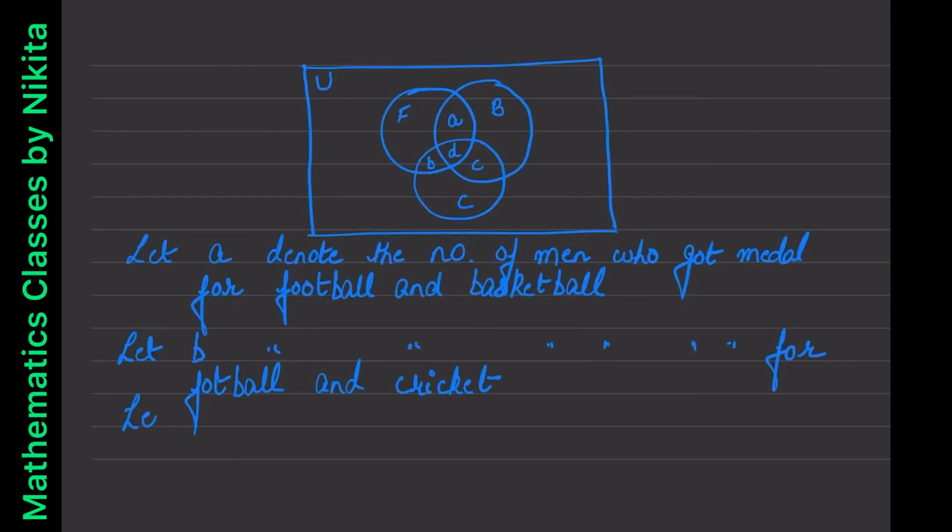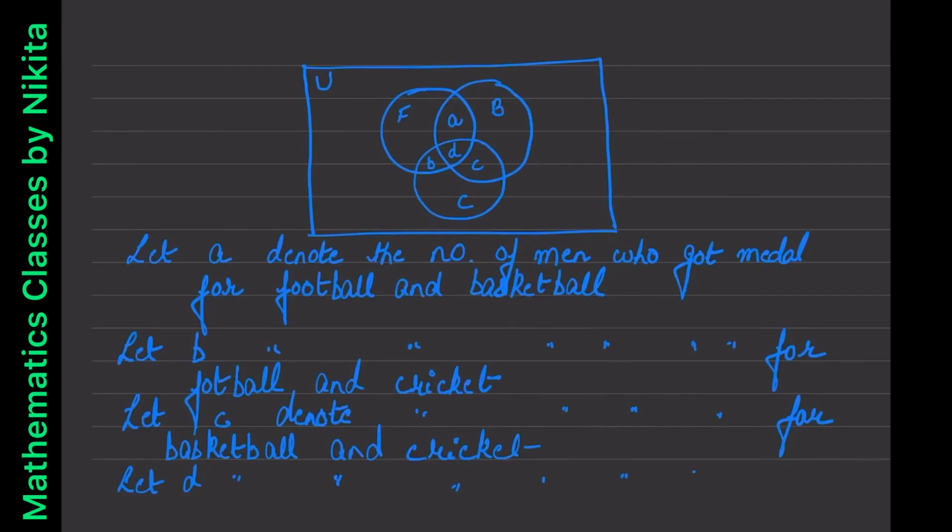And let small c denote the number of men who got medal for basketball and cricket. And let small d denote the number of men who got medal for all the three games.